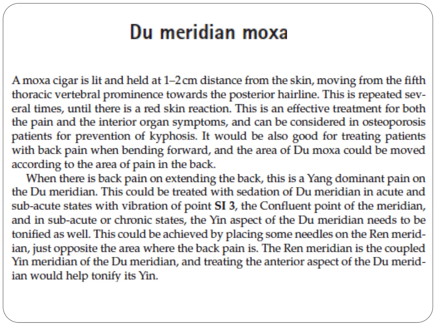This could be achieved by placing some needles on the Ren meridian just opposite the area where the back pain is. The Ren meridian is the coupled yin meridian of the Du meridian, and treating the anterior aspect of the Du meridian would tonify its yin.